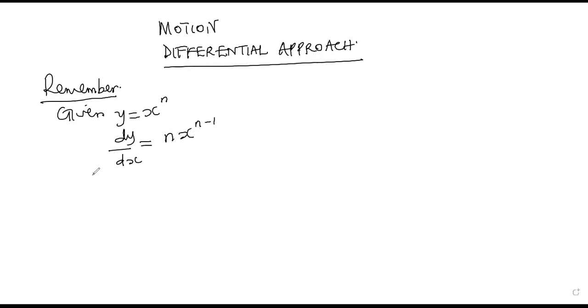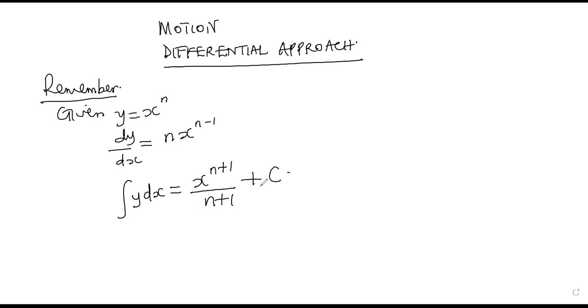But if you integrate y dx, you increase the power by 1, so it will be x^(n+1), and then you divide by the new power, which will be n plus 1, of course, plus a constant of integration. So that is it.